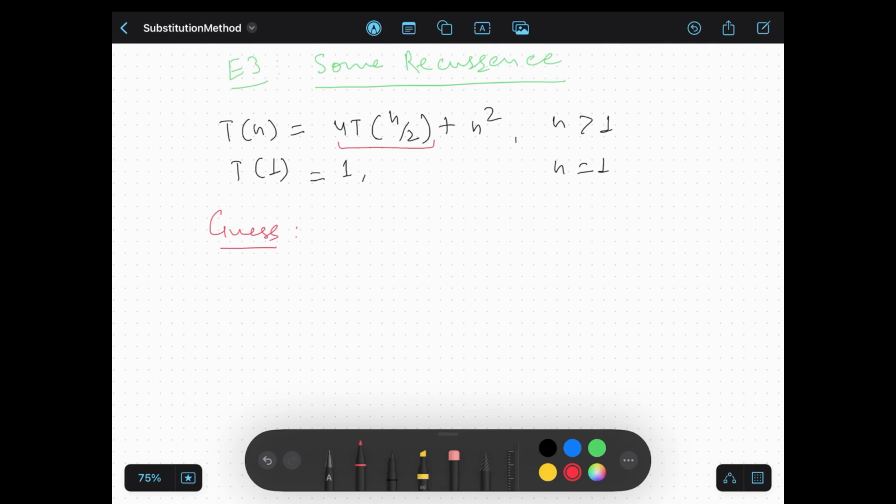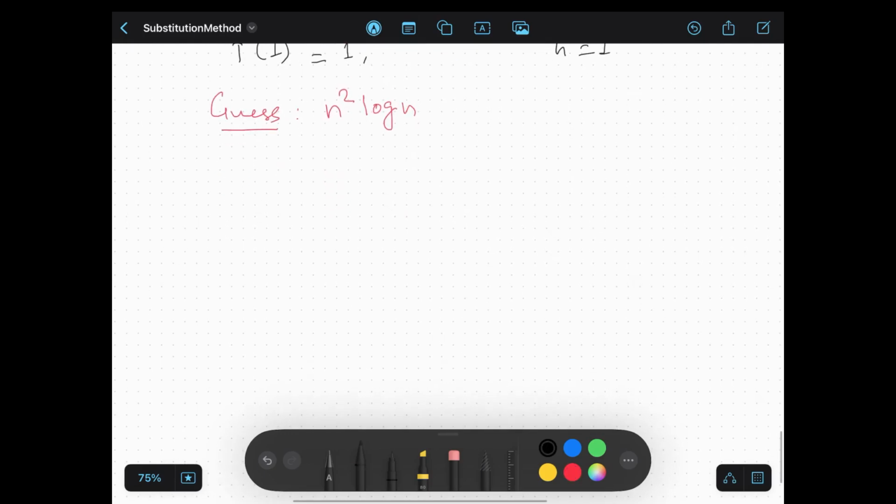So we can say this could be log n, and we are doing n square work for every log n recursive call. So we can say this might be n square log n. Let's see if our guess turns out to be correct.